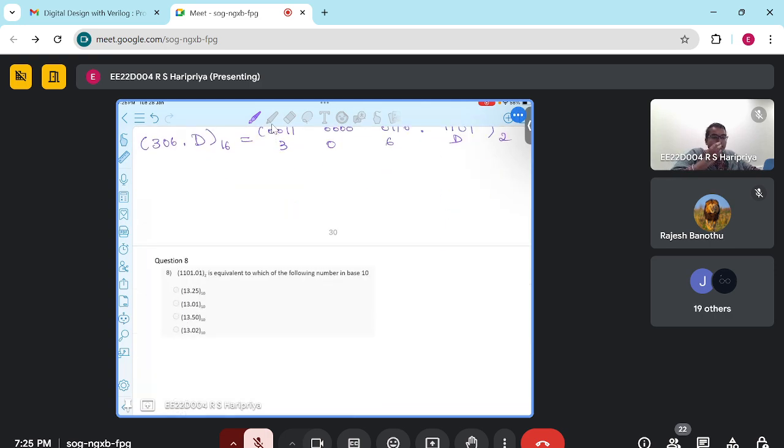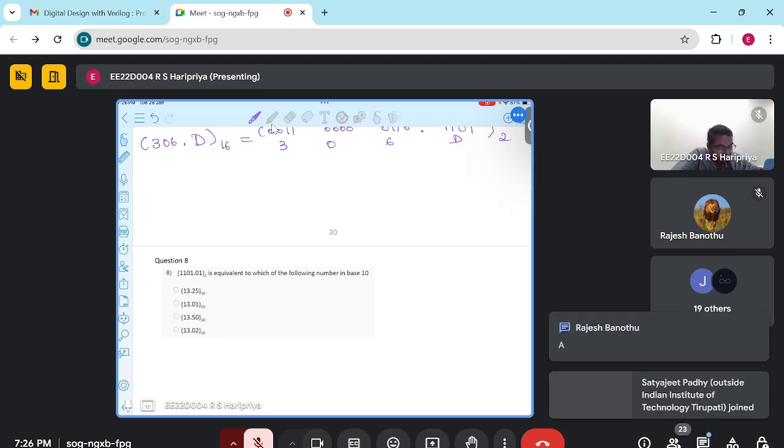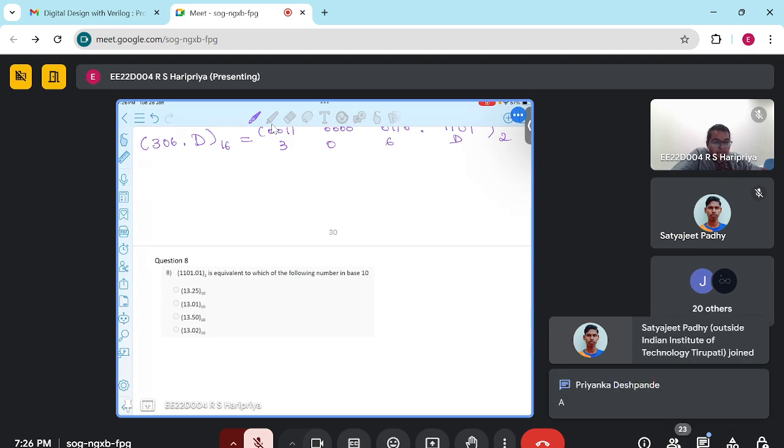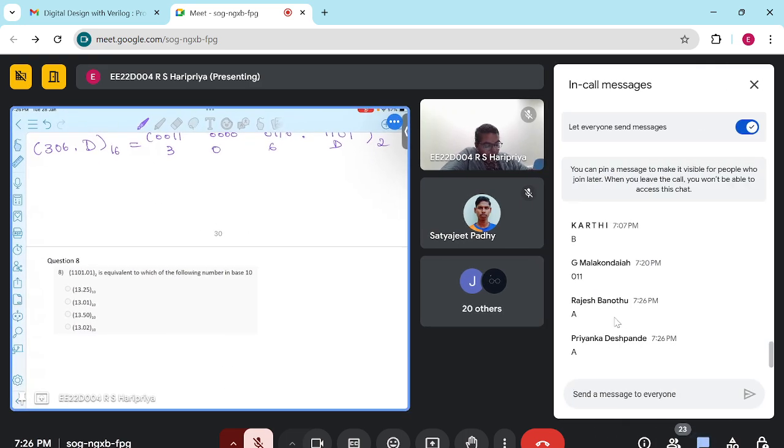Let's go to some questions. Is equivalent to which of the following numbers in base 10? So we have to convert to base 10.